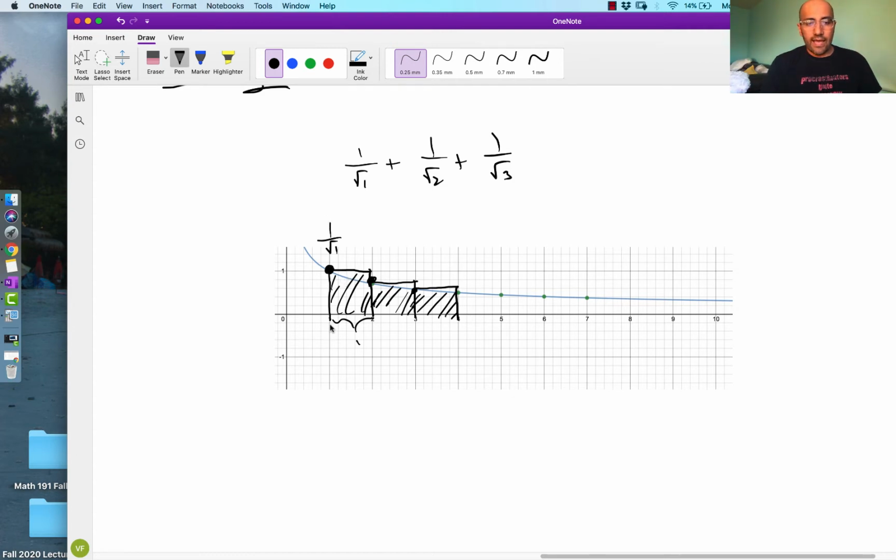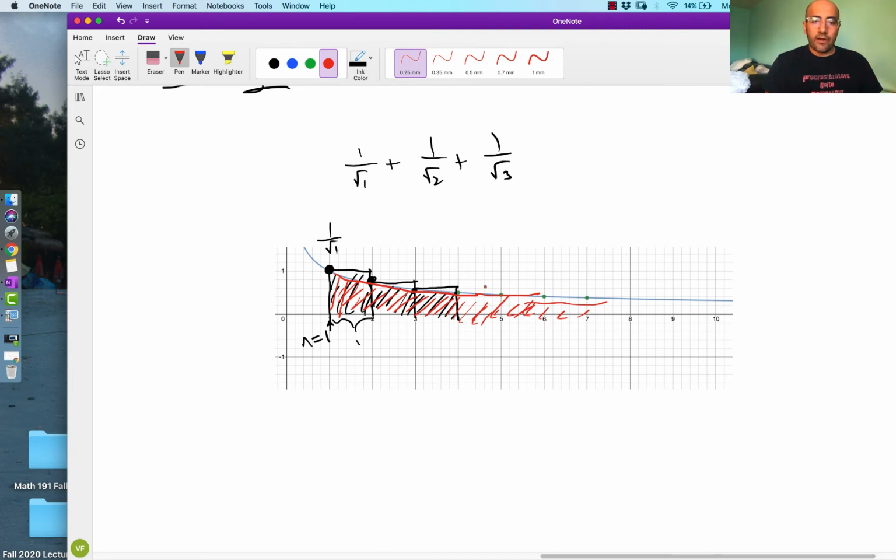So starting at n equals 1, this is for n equals 1 right there, I could say that the sum of all of these black rectangles is always going to be a little bit bigger than the area underneath the function, which is specifically going to be looking at this function that goes like that. The black rectangles are always going to be just a little bit bigger.